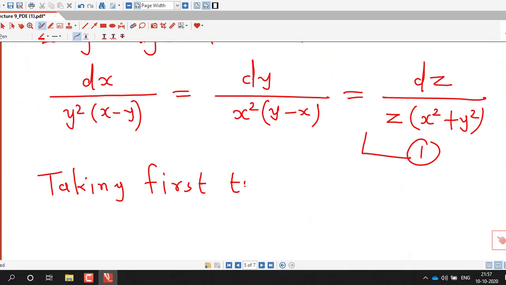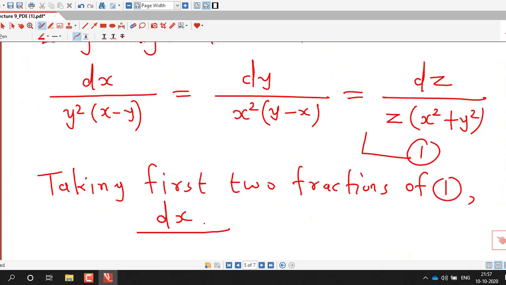So taking the first two fractions of 1, we have dx divided by y square into x minus y equal to dy divided by x square into y minus x.